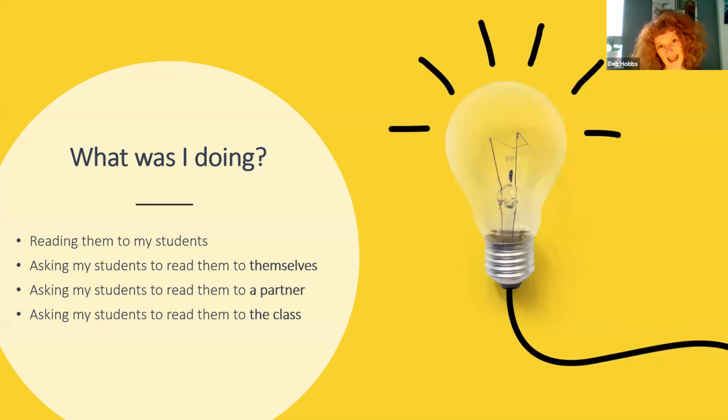And what I was doing was similar to most of you, 75% of you. I was reading them to my students. I was asking my students to read them to themselves, or to a partner, or to the class. But effectively, I don't think I was using them very effectively. I think I was using them in a very passive way.